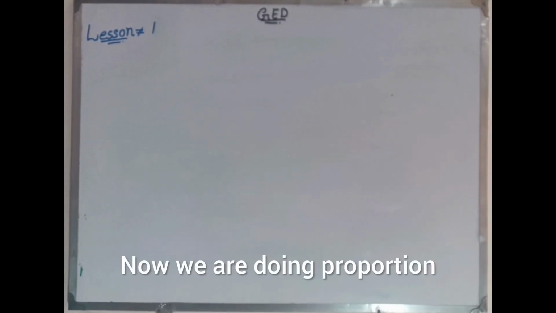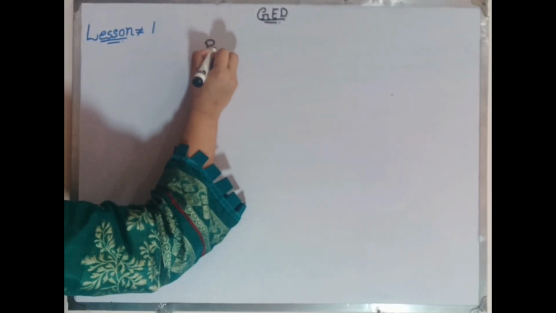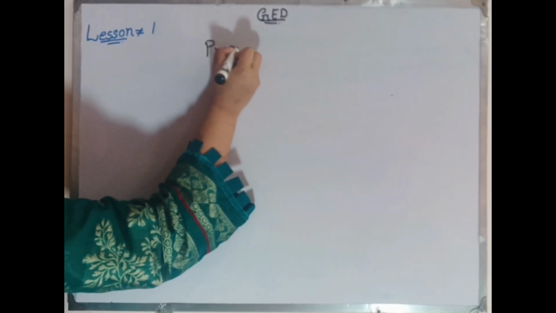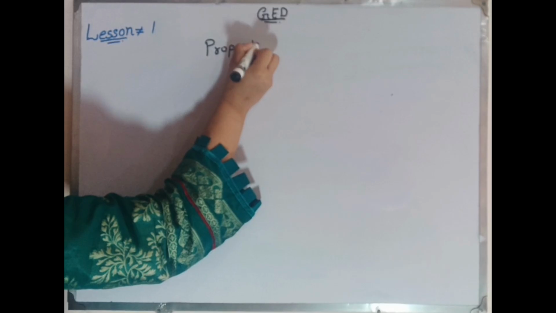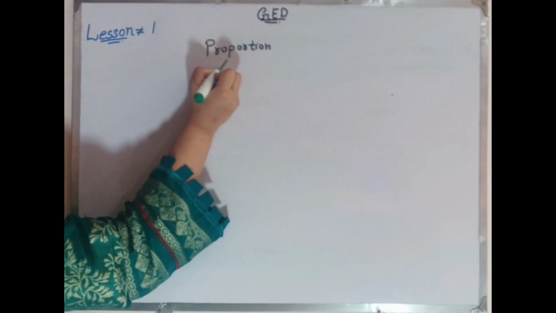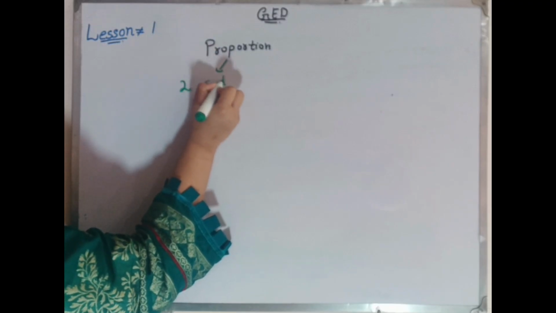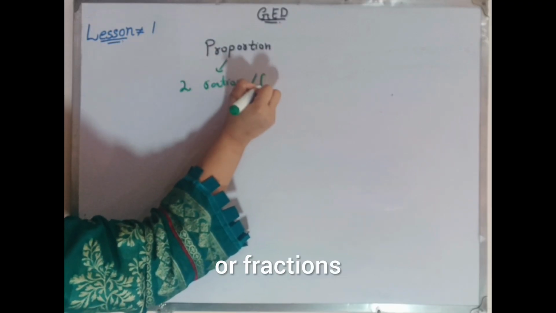Now we will do proportion. Test number 1, GD Math. Proportion means showing the two ratios or fractions are equal.